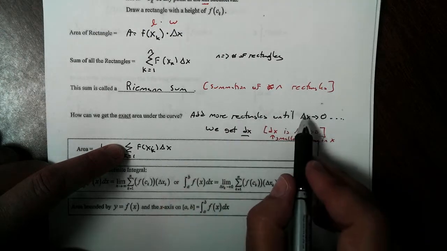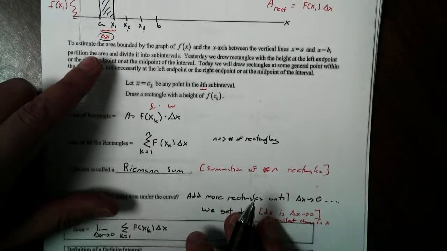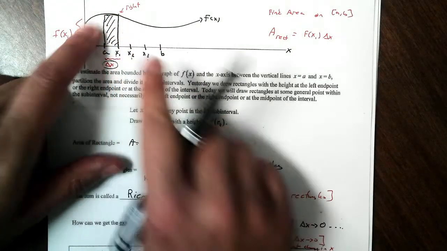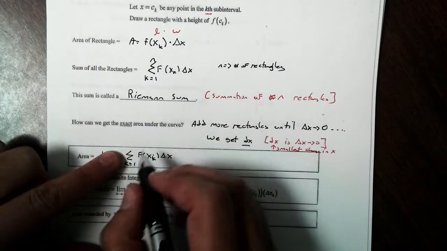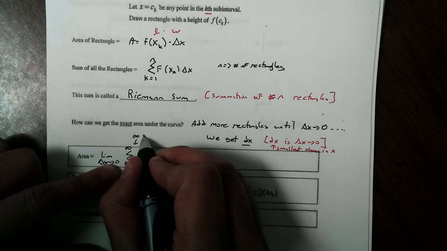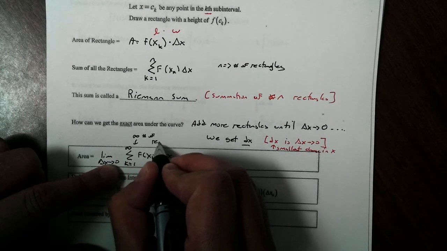If we let delta x go to 0, what we're going to wind up with is an infinite number of rectangles, infinitely thin rectangles. So we let k go from 1 to infinity, which means we're now dealing with an infinite number of rectangles.